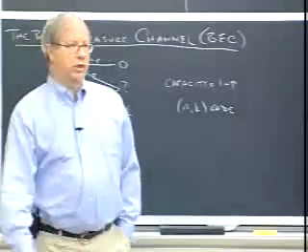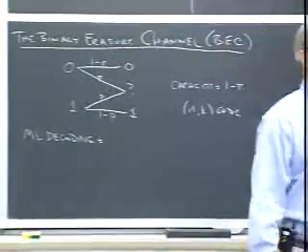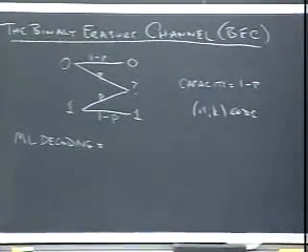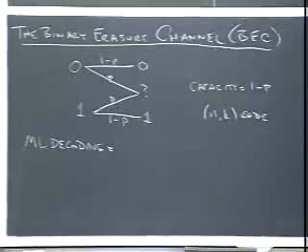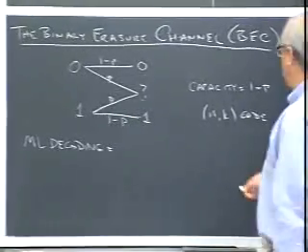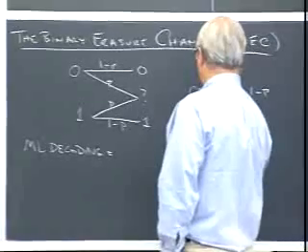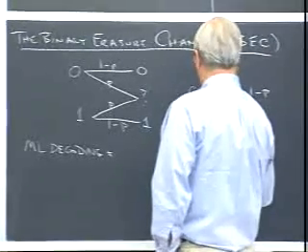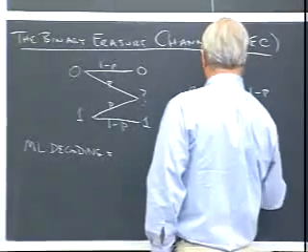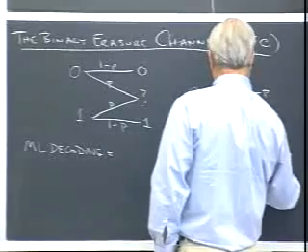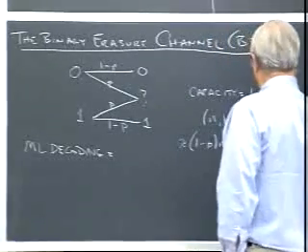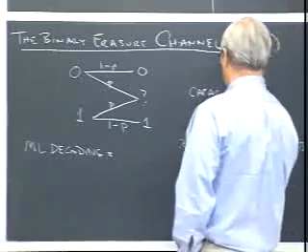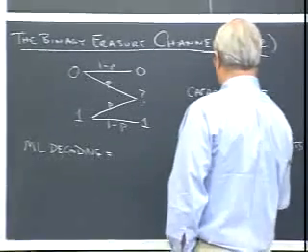About pn bits are going to be erased. We're going to get approximately, by the law of large numbers, (1 minus p)n unerased bits. And this has to be clearly greater than k.